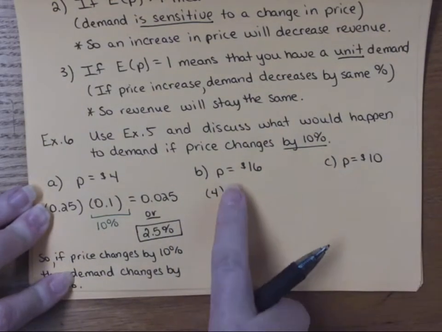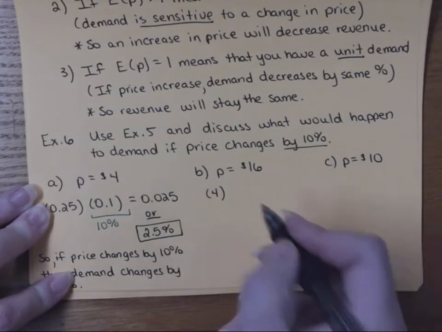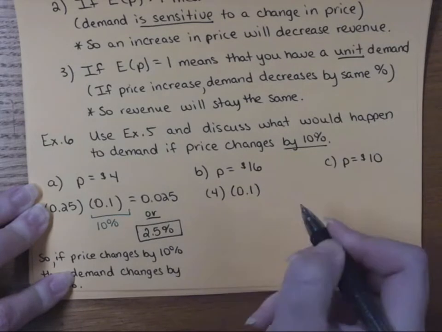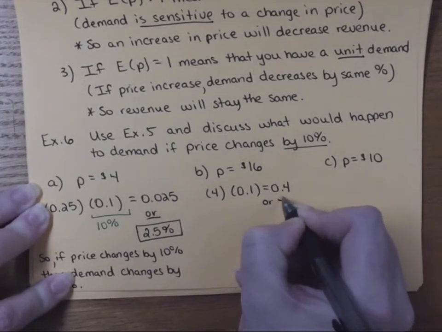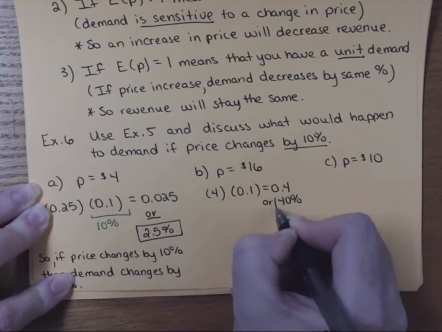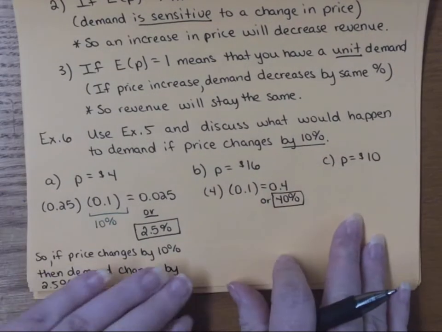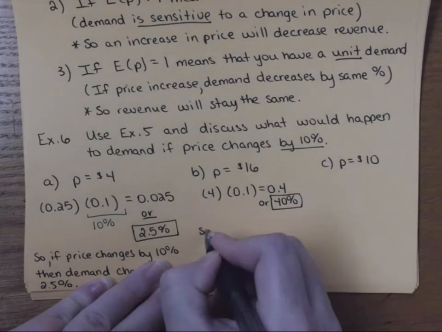Remember, the answer we got for elasticity of demand for price being 16 was 4. So we get 40%. Okay, so notice I would be alarmed if I'm the business owner here.